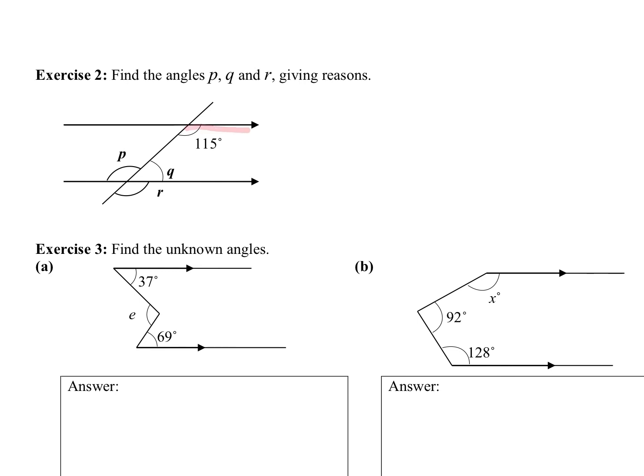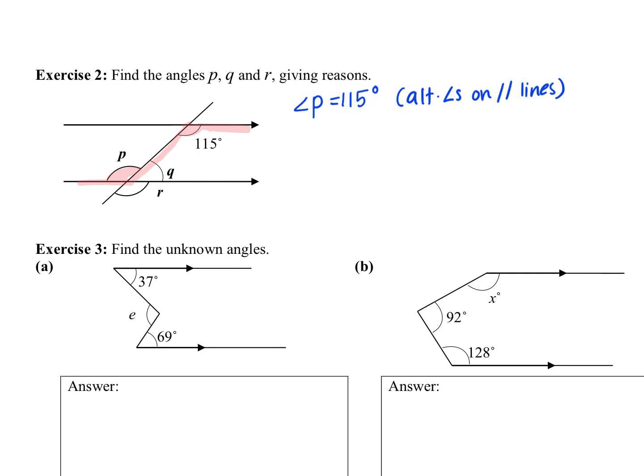The only angle given is the angle 115. Angle P in this case is a pair of alternate angles. So we know that angle P is equal to 115 degrees. The reason, which we usually write in brackets, is alternate angles on parallel lines.